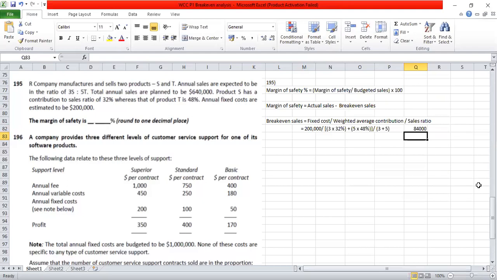It comes as $84,000. If it is 84,000, actual sales we have it as, is it only 84,000? Break-even sales are only 84,000.